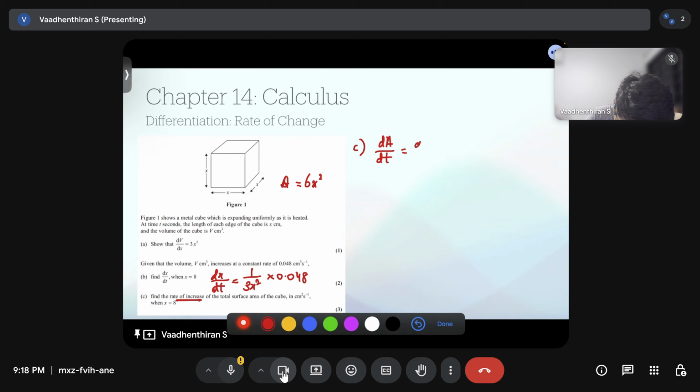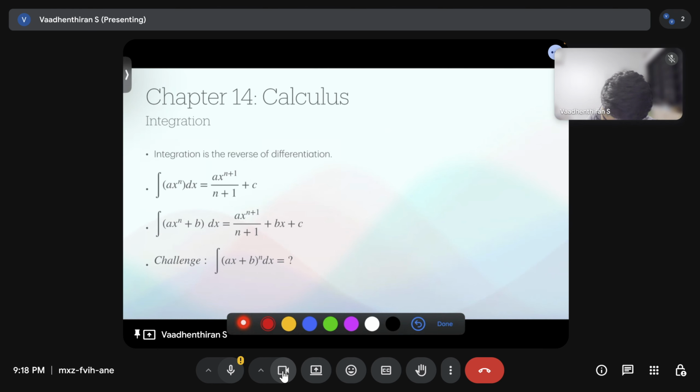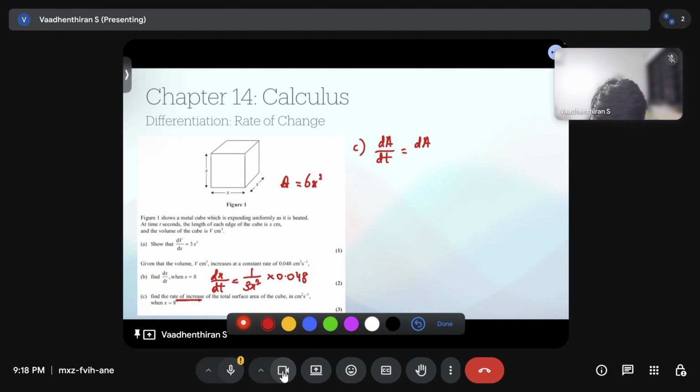So dA over dt is dA over dx times dx over dt. You can leave it at this, but if you're getting confused, you can add dx over dV times dV over dt, expanding it again.